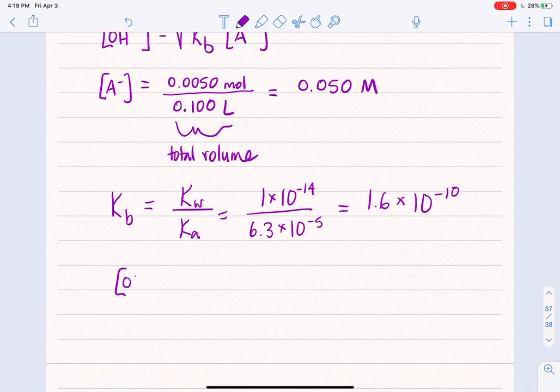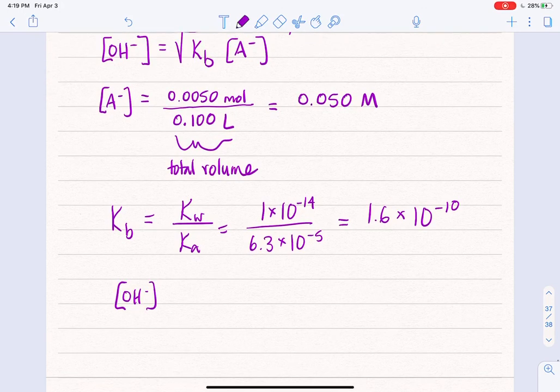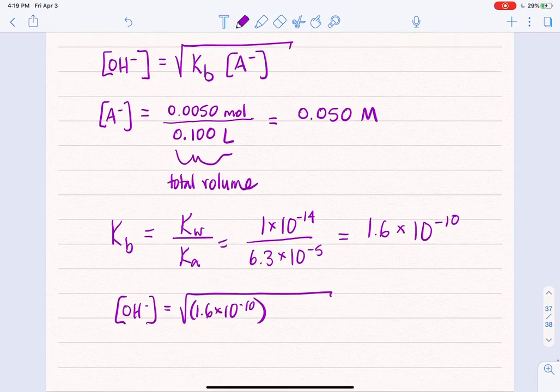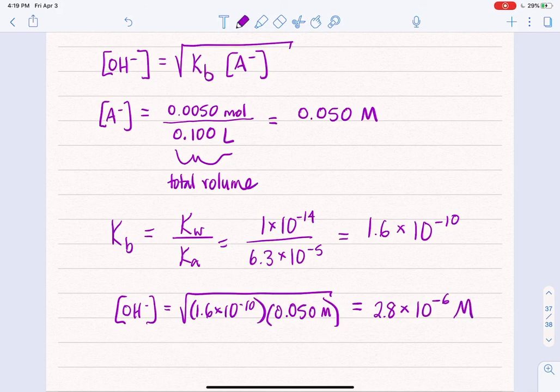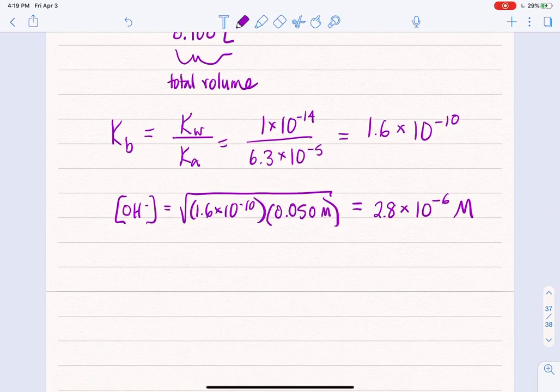So using that equation, the hydroxide equals the square root of the Kb, so that's 1.6 times 10 to the minus 10, times the concentration of weak base, or 0.05 molar. If you do that, you should get a value, after you take the square root, of 2.8 times 10 to the minus 6 molar. That's a molar concentration of hydroxide.